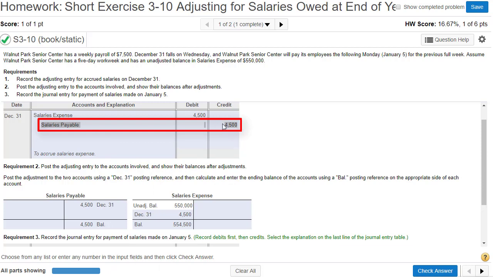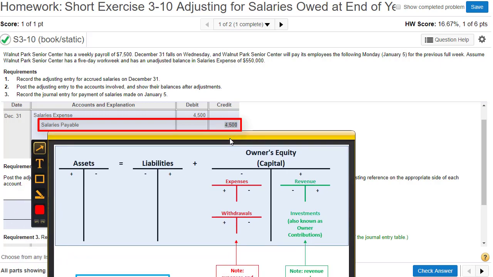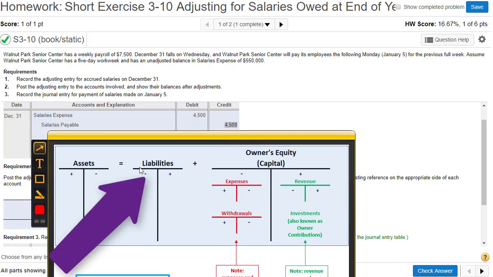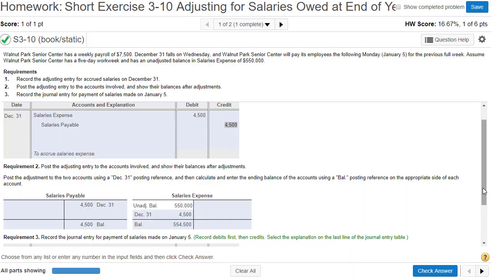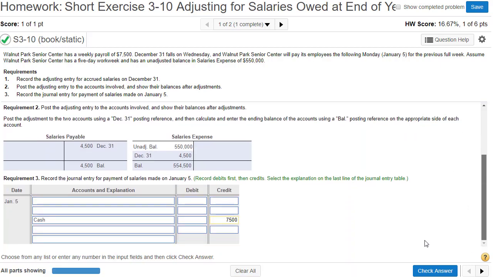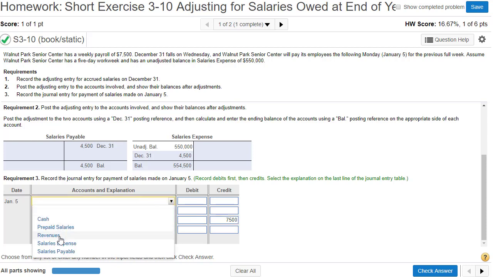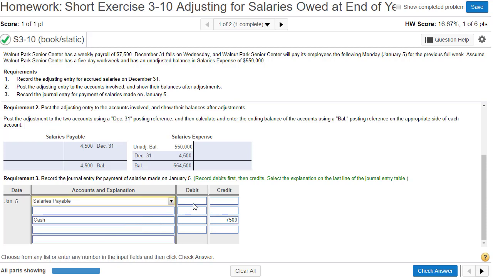No. We have to get rid of this $4,500 debt because we are paying it off. And of course, to lower a debt, you decrease it with a debit. So salaries payable is going to decrease by $4,500 because we no longer owe our employees that money.